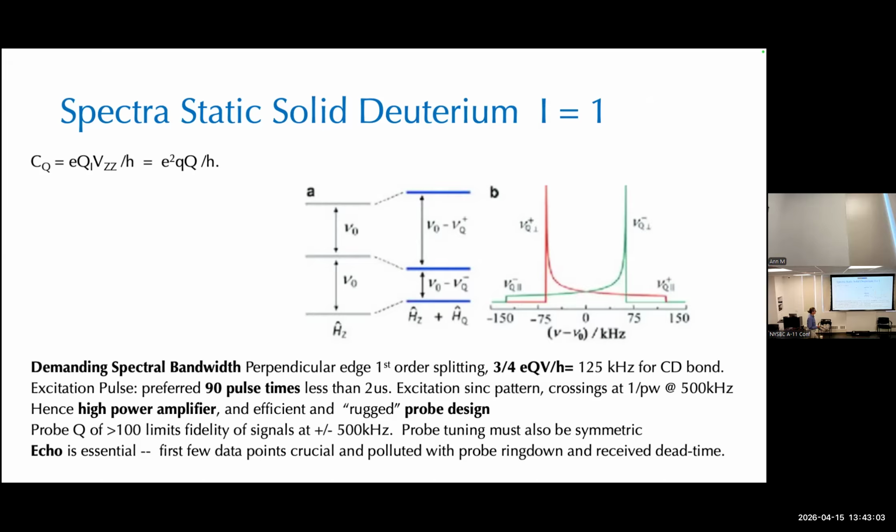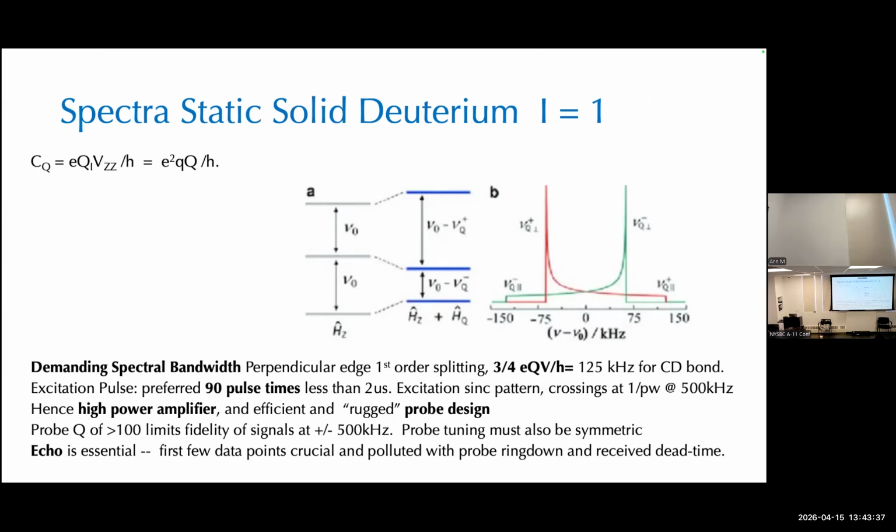Finally, the probe tuning itself has to be symmetric. So if you ever looked at your tuning on your probe as a function of frequency, displaying that in a return loss detection scheme, the probe will have, in terms of impedance, a typical notch centered close to where you want to make your measurement.